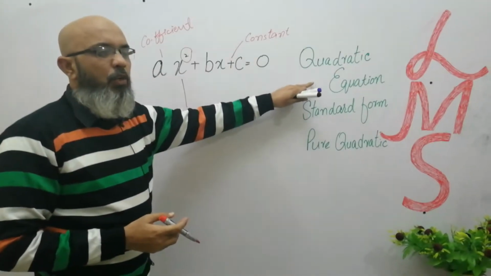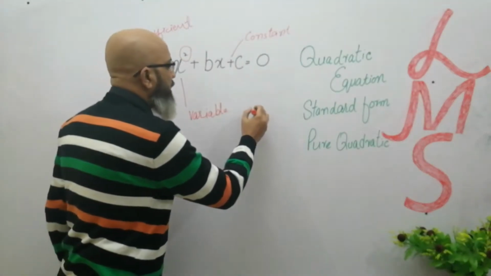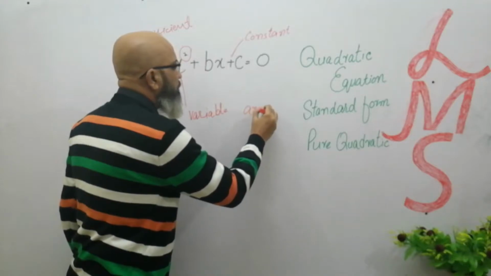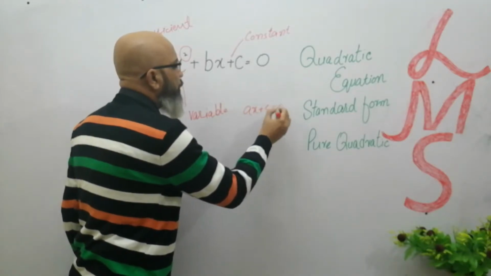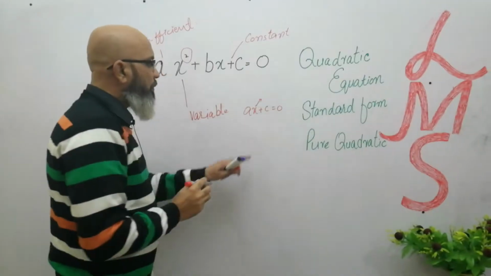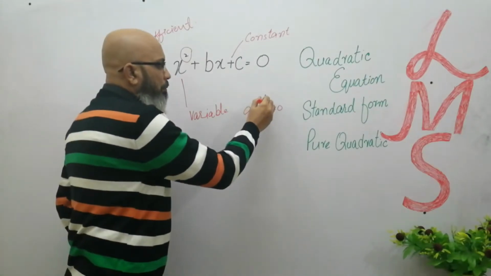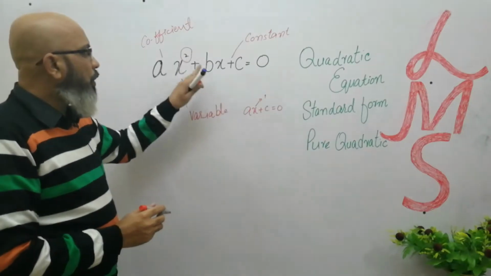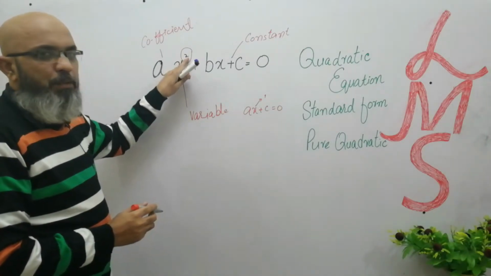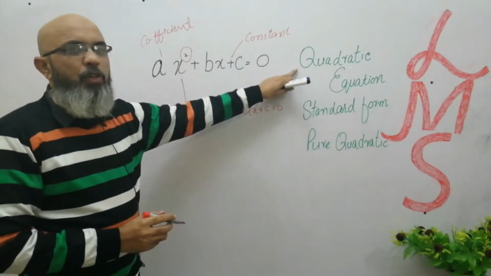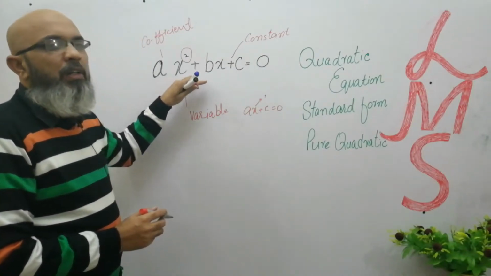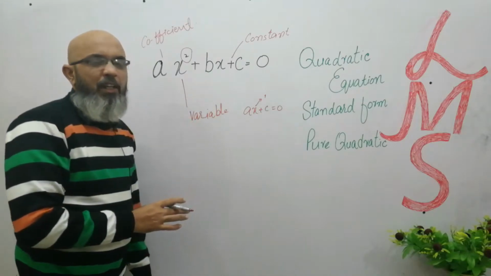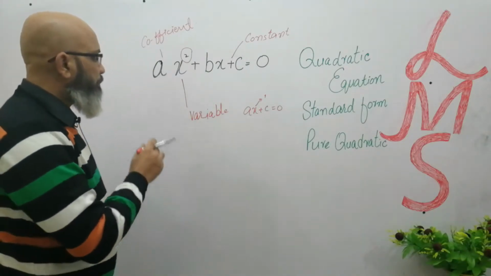That is quadratic equation. If I write an example, suppose I write ax plus c is equal to 0. Here the power of x is 1, means this is a linear equation. So an equation with highest power 2 is called quadratic equation. हम इसको ये भी कह सकते हैं, an equation with the second degree of variable.